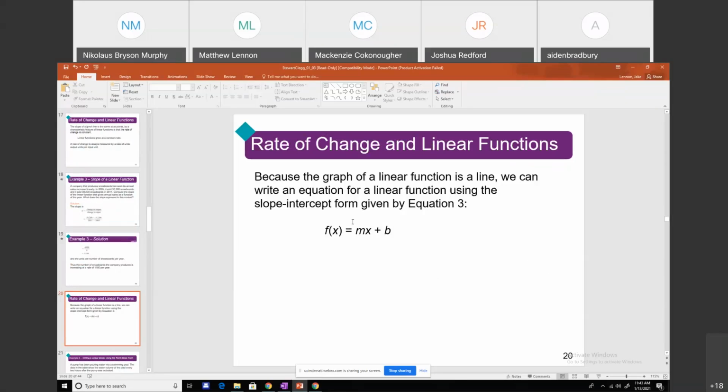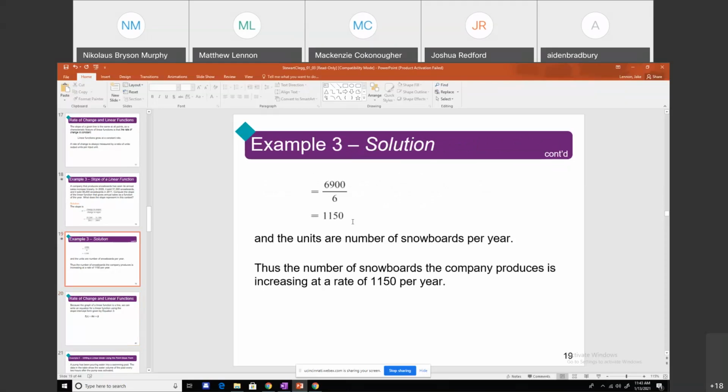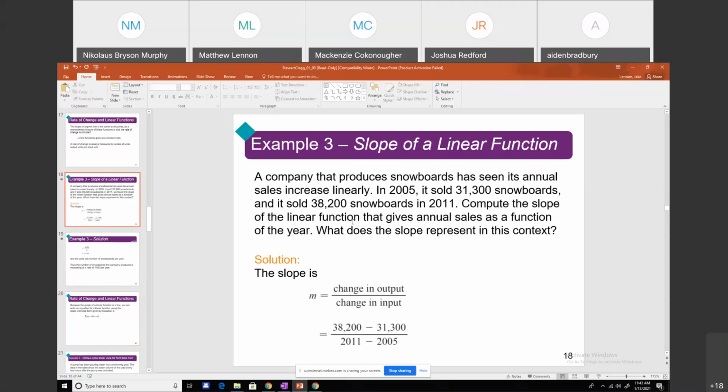Okay, they can also write a function using that information. The thing is, a lot of times when you have this information, you'll use something called data alignment, because a lot of times years are kind of clunky numbers to put in. So you might say, define your variable t or x to be, let's say, in this example, what's the first data point I have? 2005. I'm selling 31,300 snowboards.